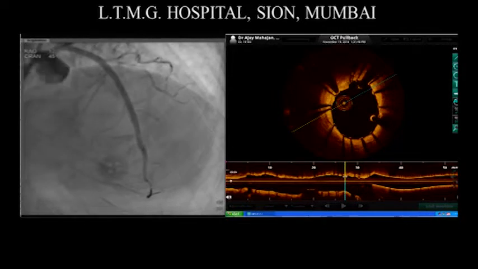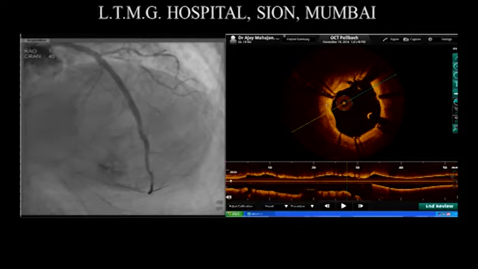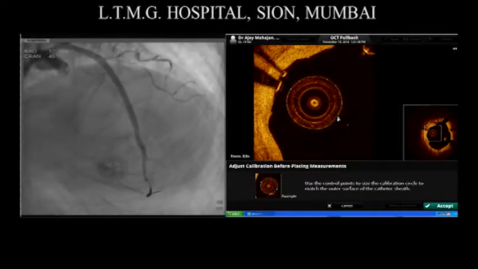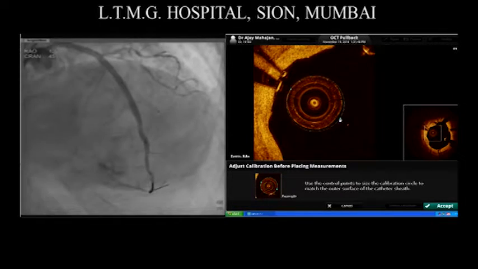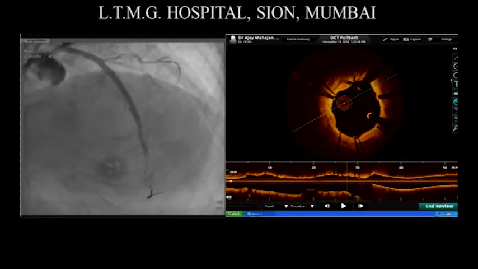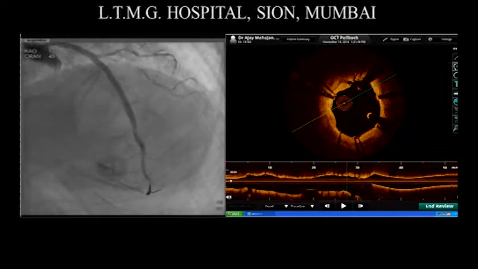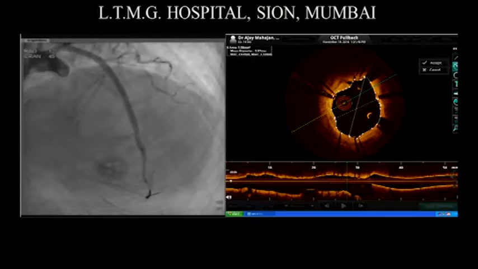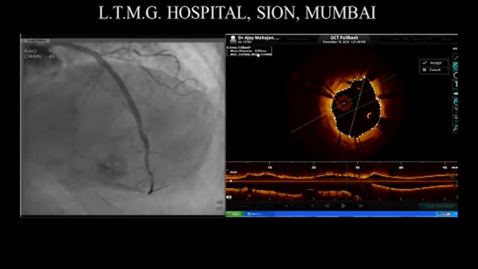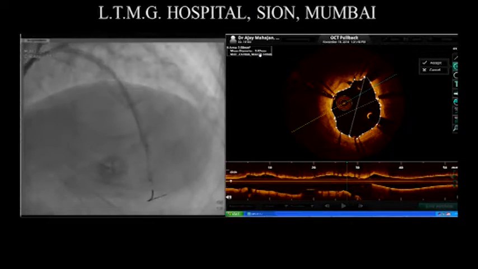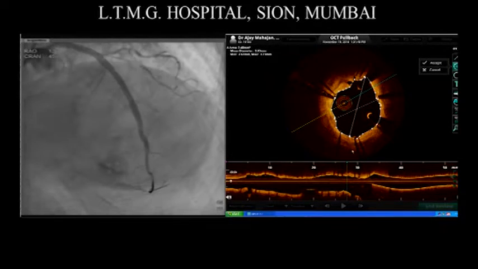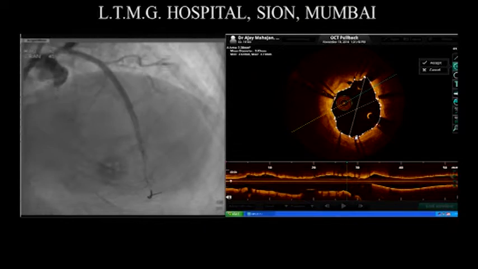What is the left main diameter? 3.07. The area is 7.4.